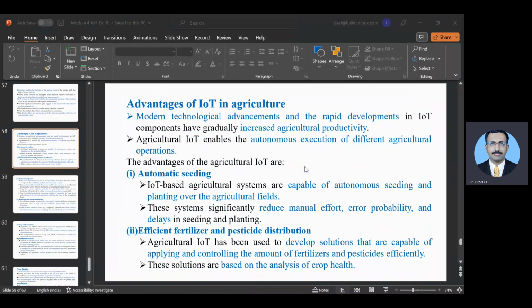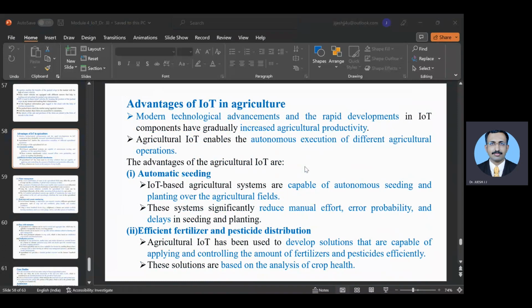It will go very fast and do the entire process. The harvesting can be done very fast, the seeds can be removed very fast. You might even have seen some machines which can pluck the mangoes or oranges grown on the tree. You don't have to go there and do all those processes.